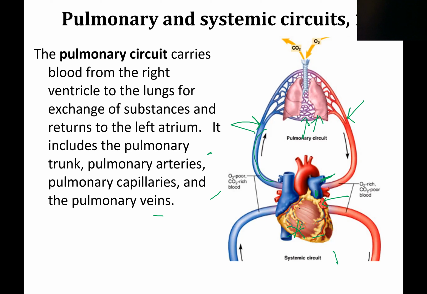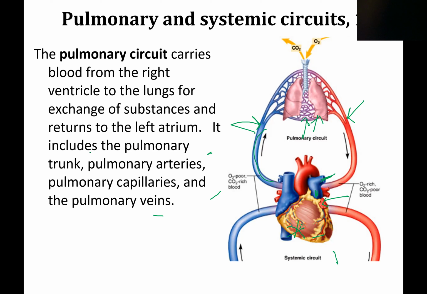So if it doesn't have the word pulmonary in it, it's not part of this system. So we have a closed circulatory system, and we have two circulating pathways here within the cardiovascular system. The main job for the pulmonary circuit is exchanging respiratory gases. We tend to acquire oxygen and get rid of carbon dioxide.